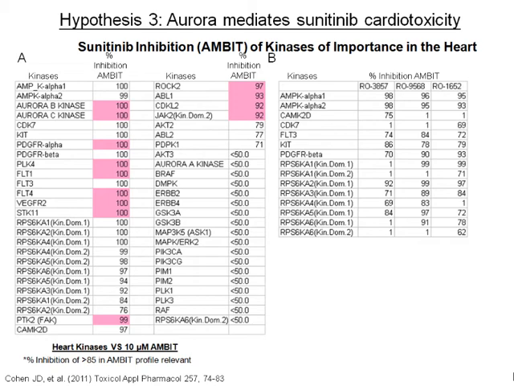So anything that was inhibited in the AMPK that was not cardiotoxic and did not have any cytotoxicity or adverse cardiac events, I ruled out. And so that's what you're seeing here highlighted in pink. And of the two, there's the Aurora B and Aurora C. Aurora C isn't expressed in the heart, so my focus was on Aurora B.